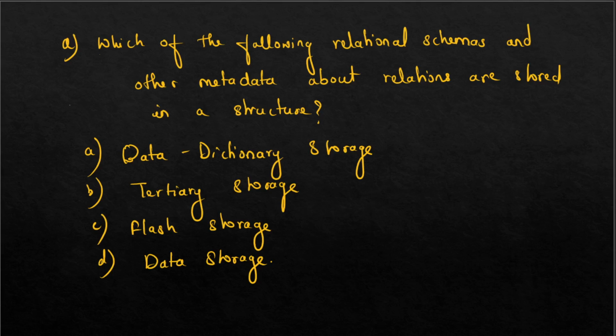So what is data dictionary storage? In the data dictionary storage method, relational schema and other metadata about relations are stored in a structure that is called the data dictionary. Data dictionary is also called the system catalog. Let's note a few things about data dictionary storage.